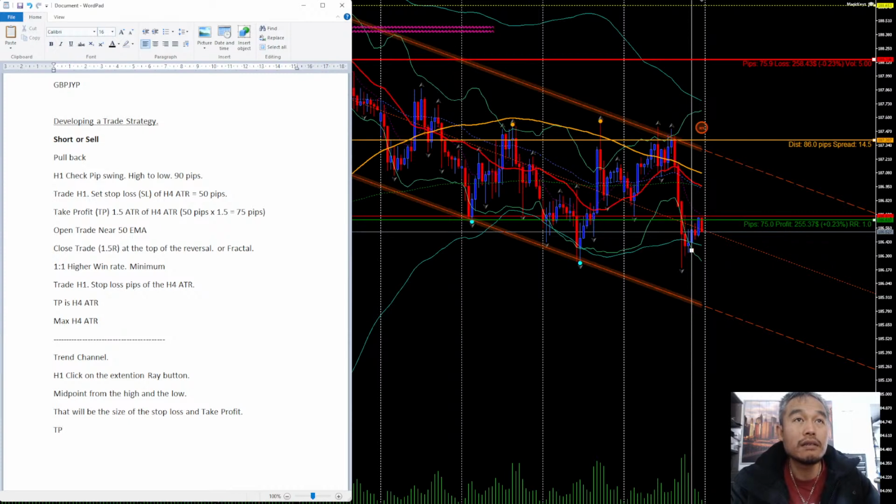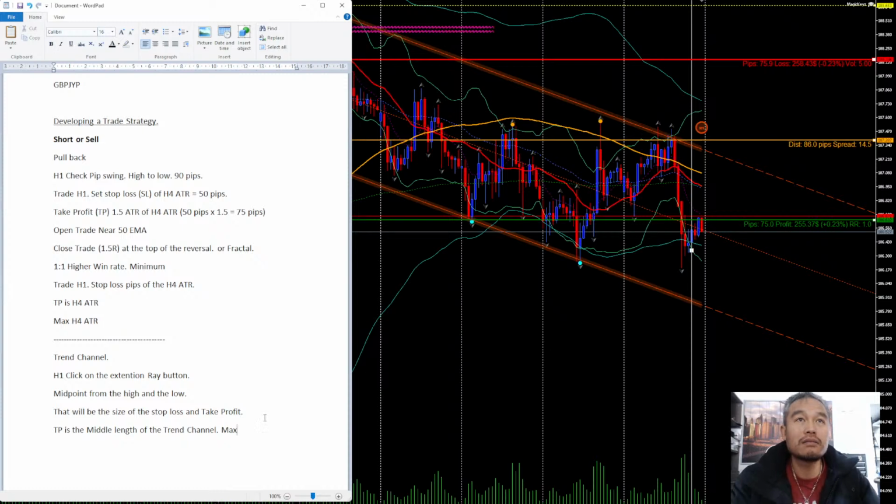TP is the middle length of the trend channel. TP is the middle length of trend channel. That would be pretty much the max. Let's just call it the max.